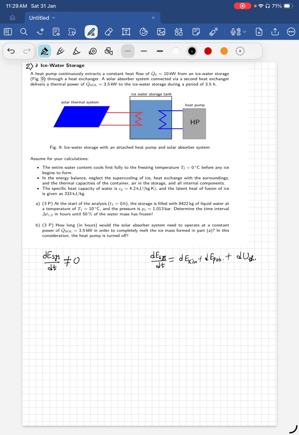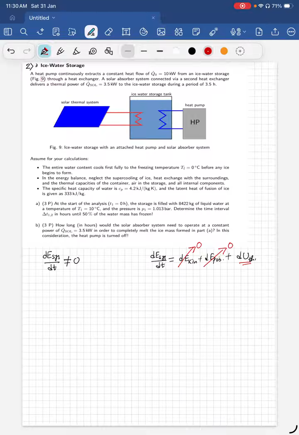Now we have to check whether kinetic or related things are mentioned here or not. I hope that you have found there is no term related to kinetic energy here, no movement, no motion, so it will be 0. And also there is no point about potential energy here, so the only energy will be the thermal energy inside of the system.